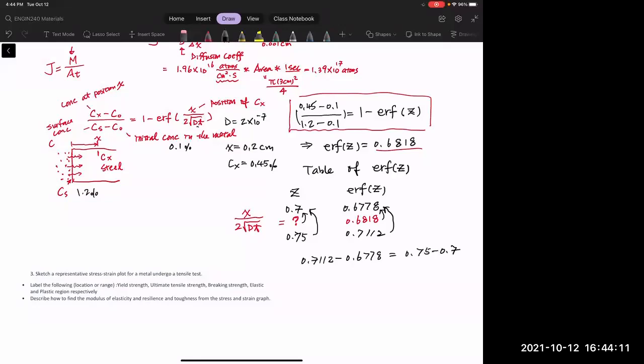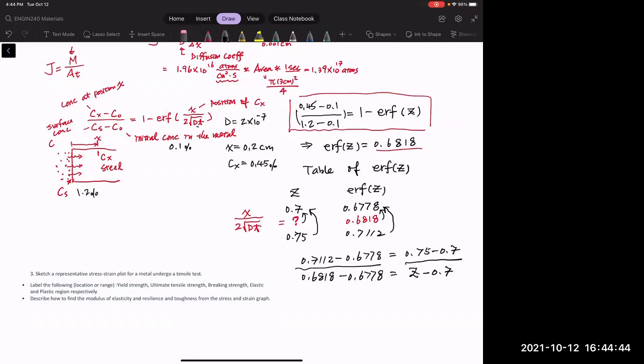If I change it to 0.6818 minus 0.6778, then that should give me the ratio of the question mark minus 0.7. And you take the ratio of these two, then you solve for the question mark. Let's just say this is the Z, and you solve for the Z.